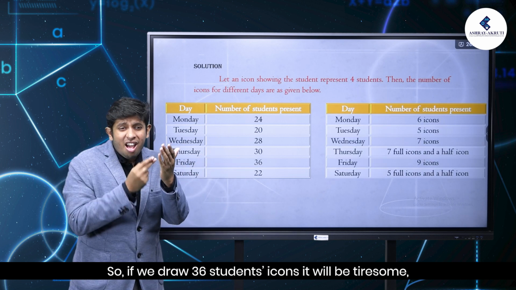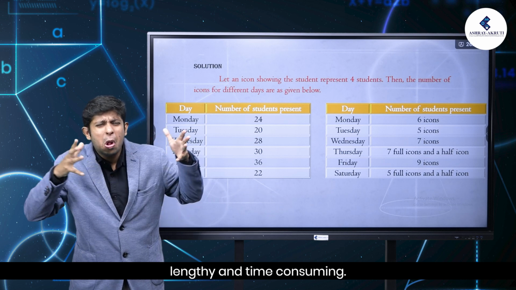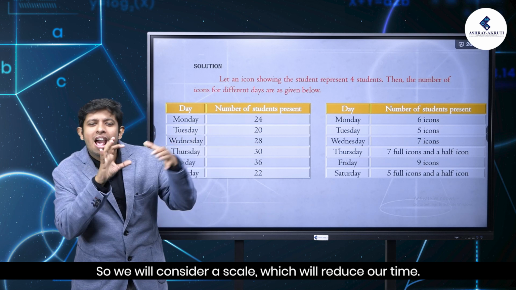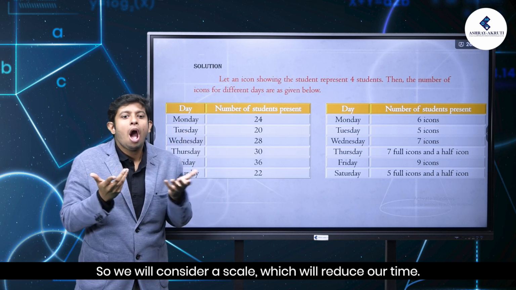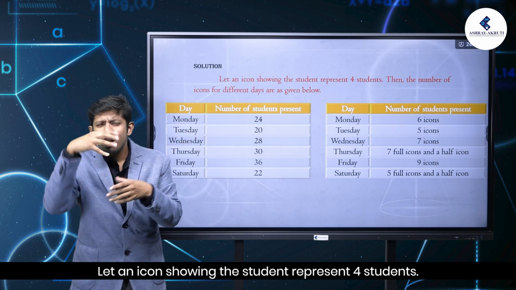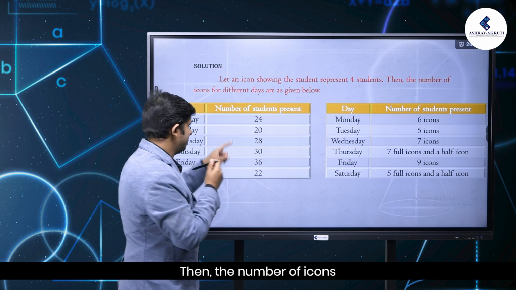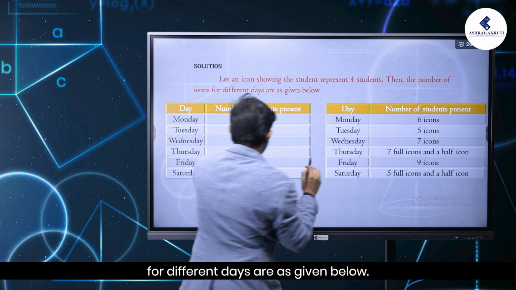If we draw 36 student icons, it will be tiresome, lengthy and time consuming. So we will consider a scale which will reduce our time. Let an icon showing a student represent 4 students. Then the number of icons for different days are given below.